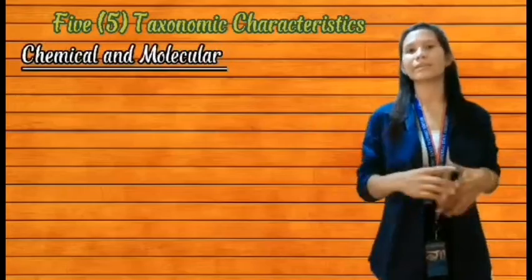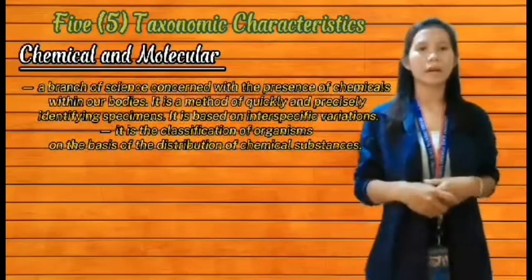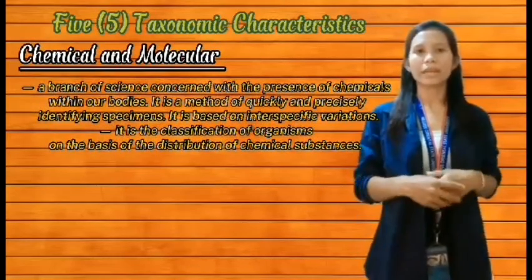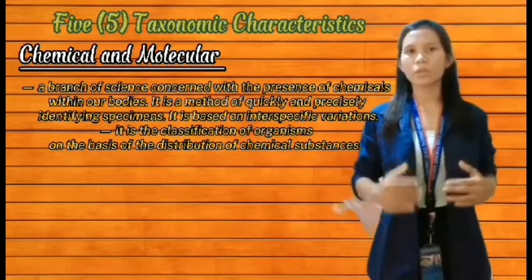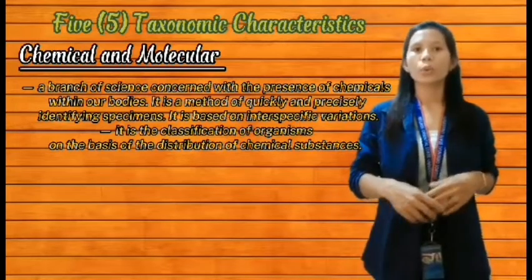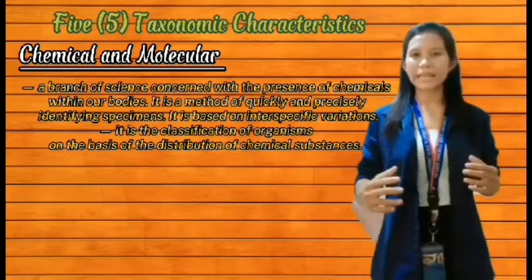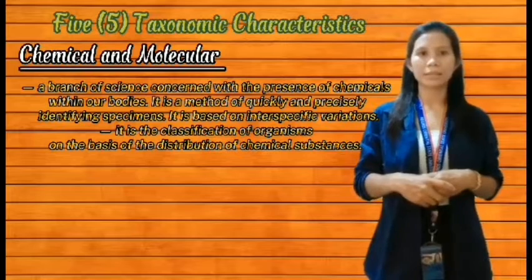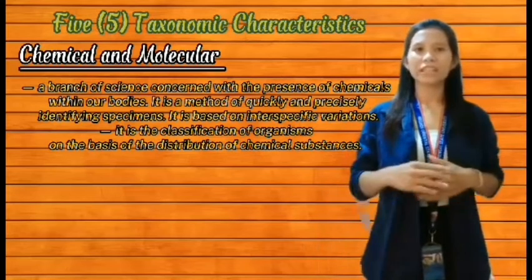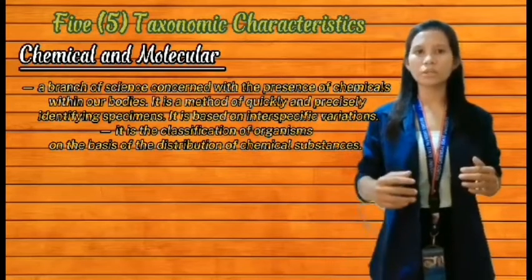And the last one is the chemical and molecular. Molecular taxonomy is a branch of science concerned with the presence of chemicals within our bodies. It is a method of quickly and precisely identifying specimens. It is based on the interspecific variations.